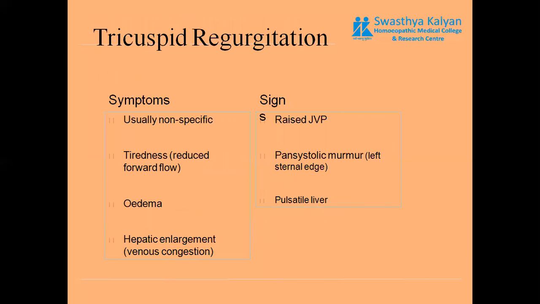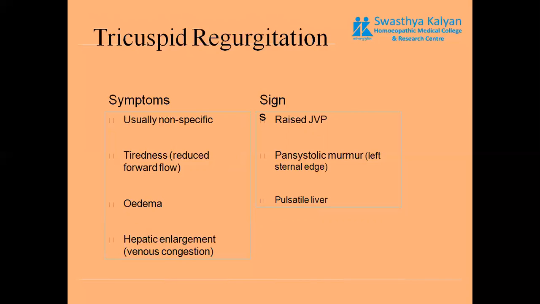Symptoms are usually non-specific: tiredness, edema, and hepatic enlargement. We can give the credit for edema and hepatic enlargement to the venous congestion caused by increased pressure in the right atrium. Whereas the signs are raised jugular venous pressure, and a pansystolic murmur, that is, the murmur would be heard throughout the systole.